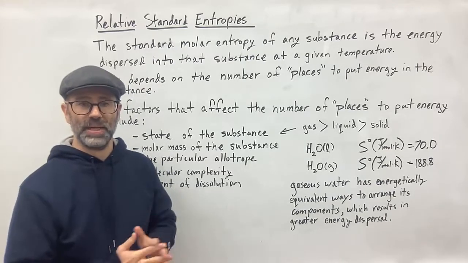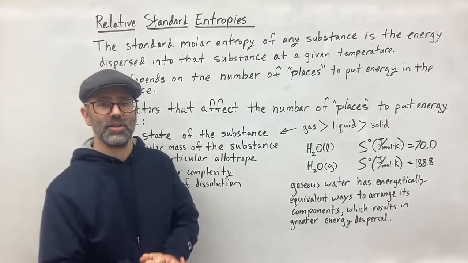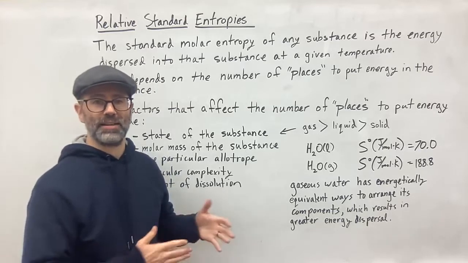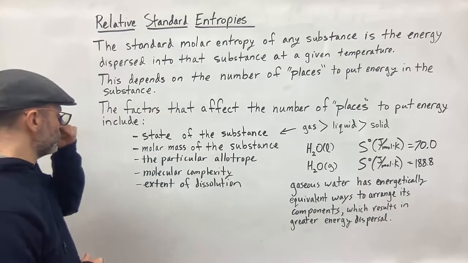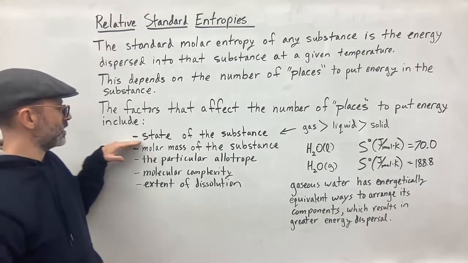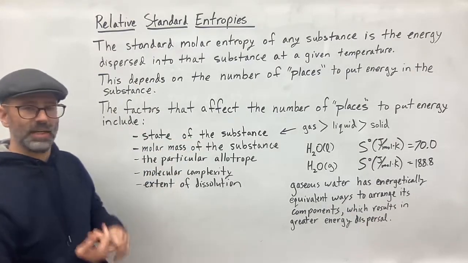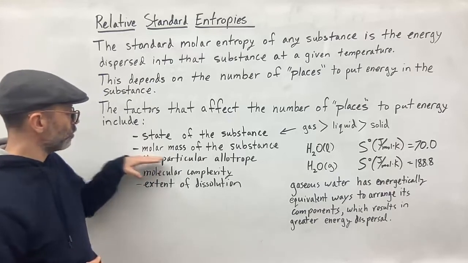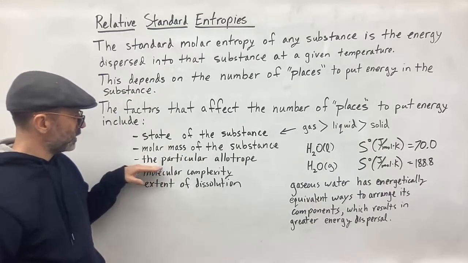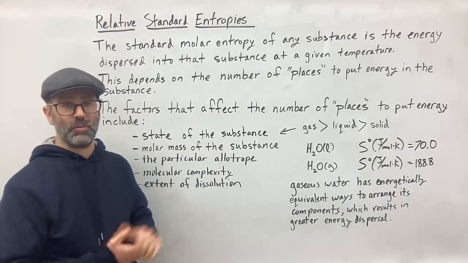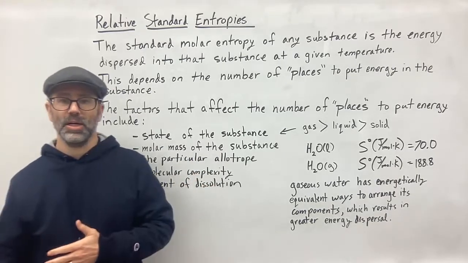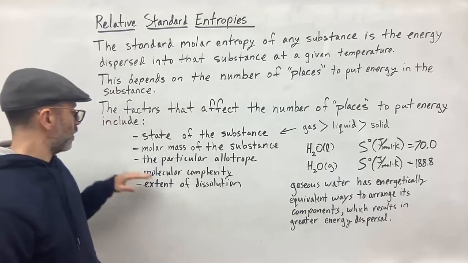the standard entropy. And so, what factors? There are other factors that are going to affect the number of places that you can put the energy. So, some of these factors are the state of the substance. Is it a liquid, solid, or gas? Molar mass of the substance. The particular allotrope. So, for example, carbon: are we talking about diamond, or are we talking about graphite, right?